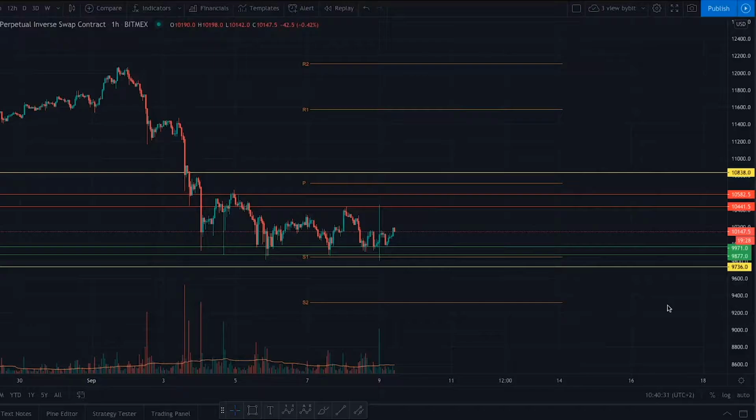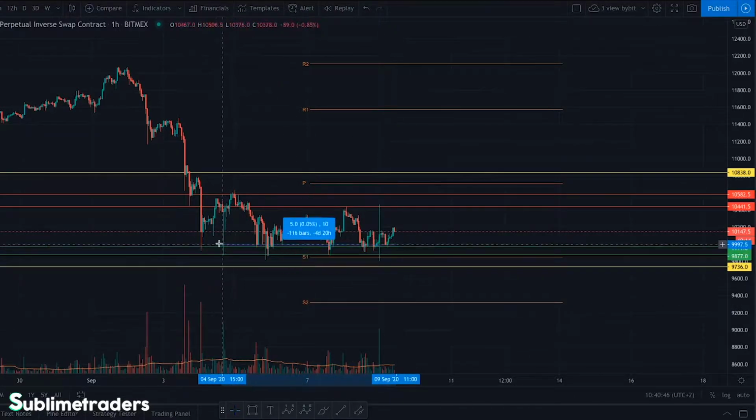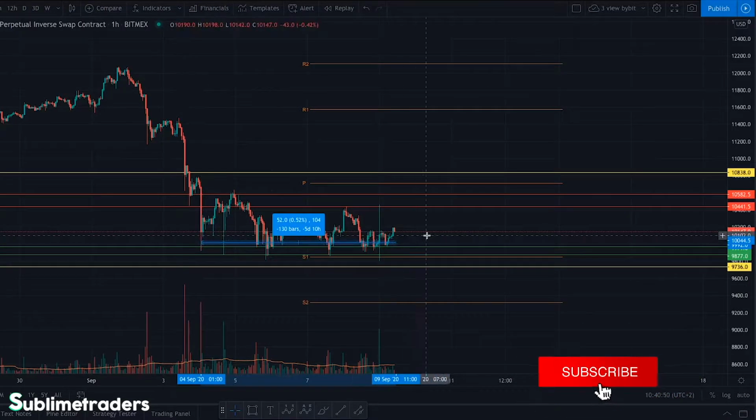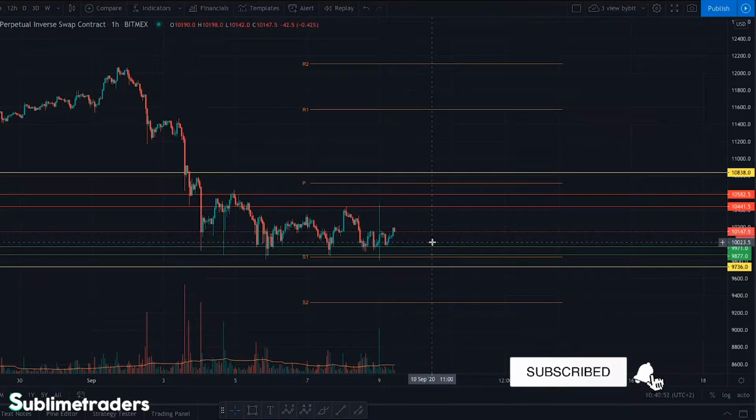We are here on Bitmex with the Bitcoin US dollar perpetual inverse swap contract on the 1 hour time frame, and the first thing we notice is that we have been in a range for the last 5 days now, and this is, believe it or not, a good opportunity for some traders.